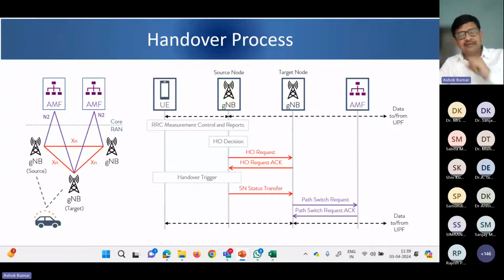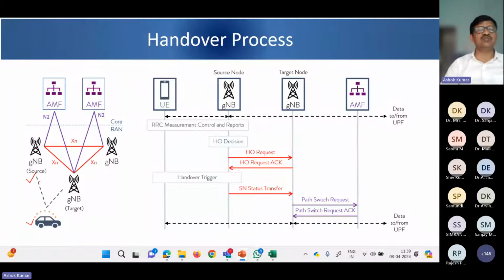Now, as I said, AMF also helps in mobility. So what is that mobility? Suppose a user is traveling in a car and is being served from one of the radio nodes called gNodeB.